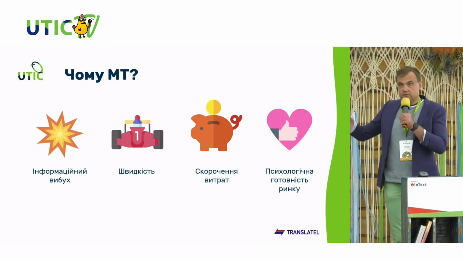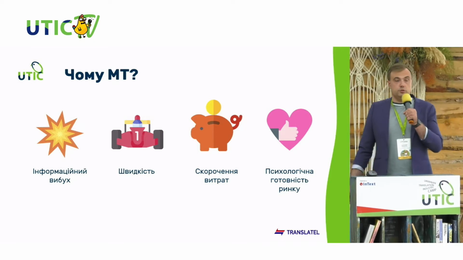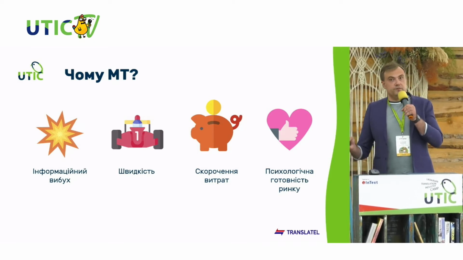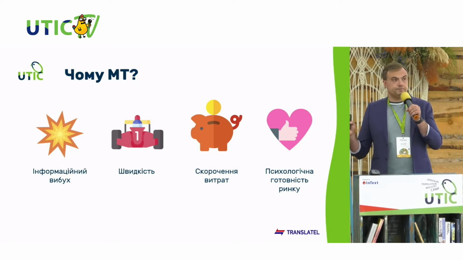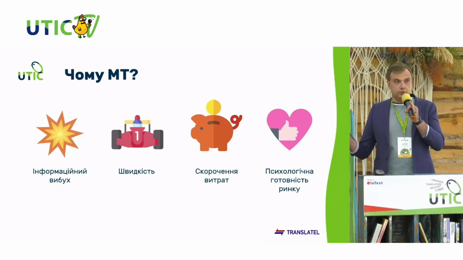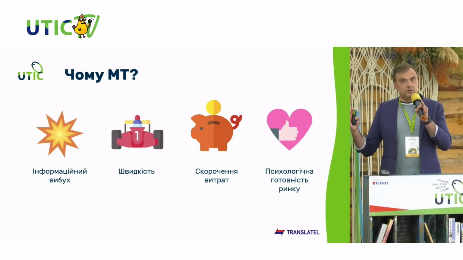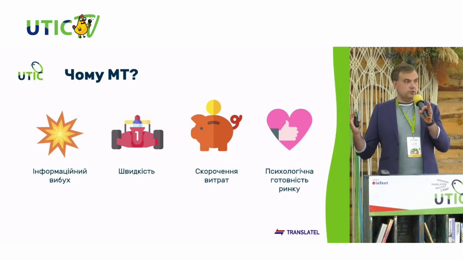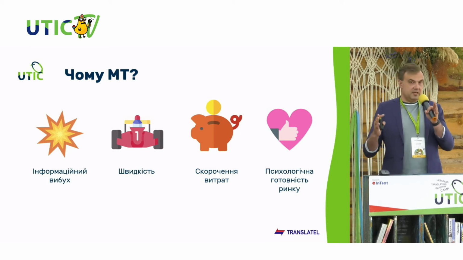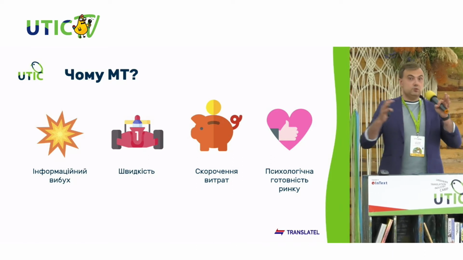Because we have, of course, many more reasons than those outlined on this slide. How I understand it: of course, the informational burst. You know about it, it's not something new, but if you take all types of information that have been produced in electronic form from the beginning of the computing era, and this figure is equal to 100%, then in the recent 2 years, 90% of that figure has been developed.